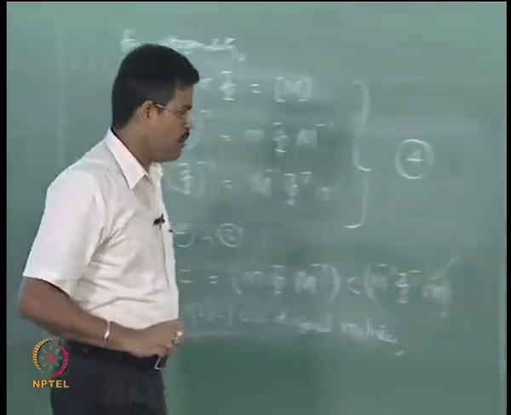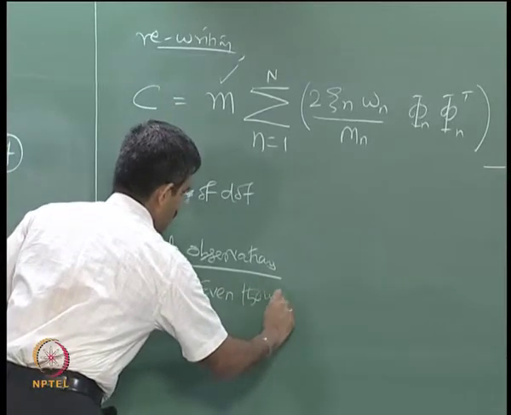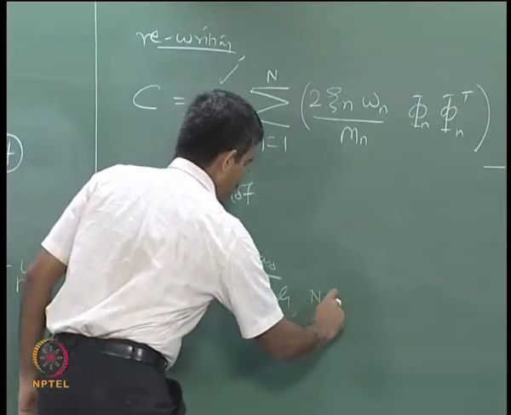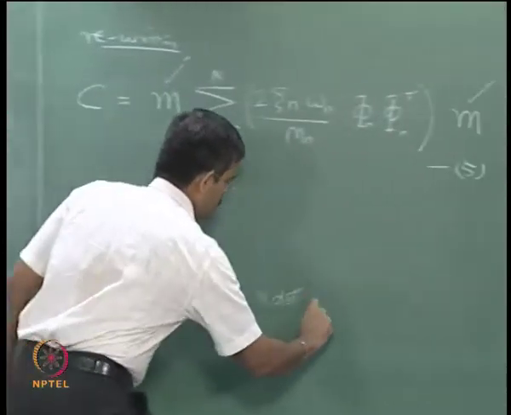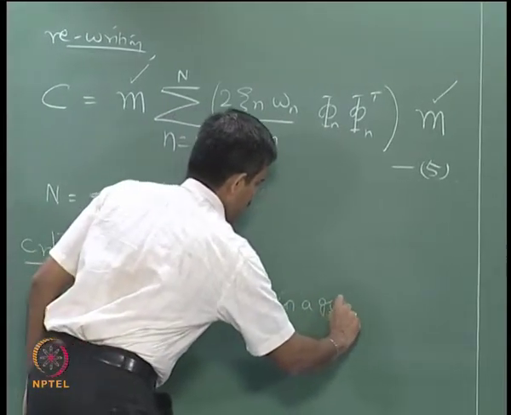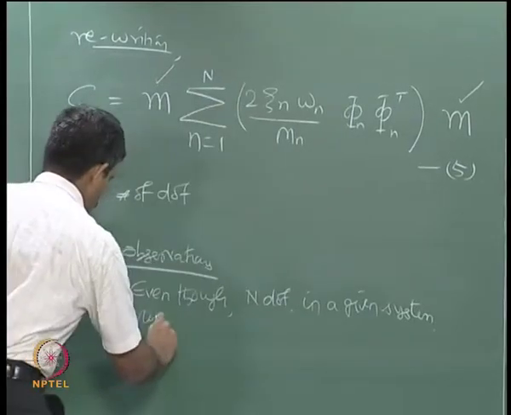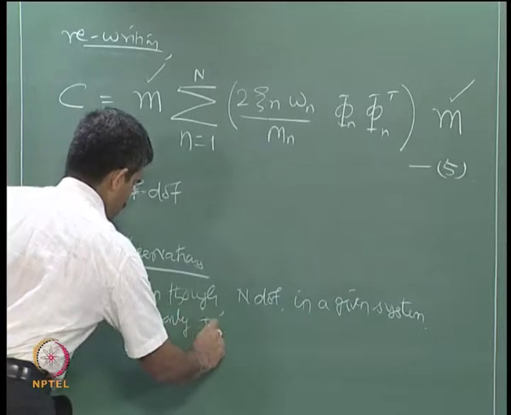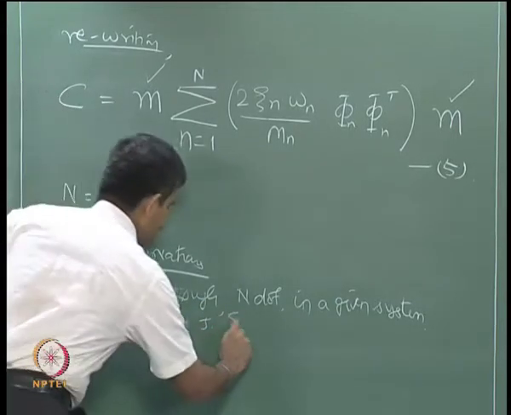Even though there are n degrees of freedom in a given system, use only j, where j is less than n.